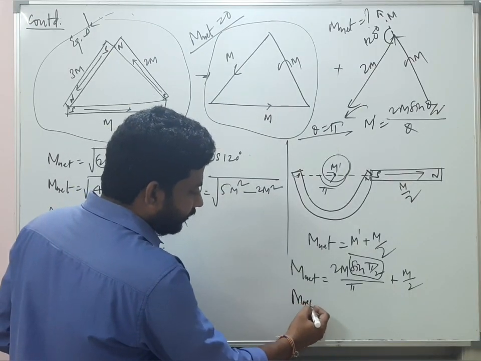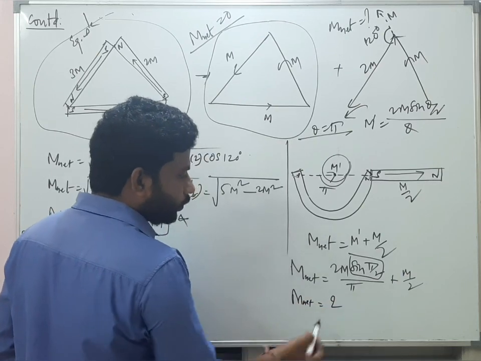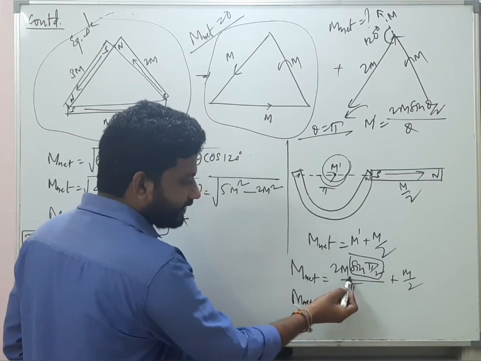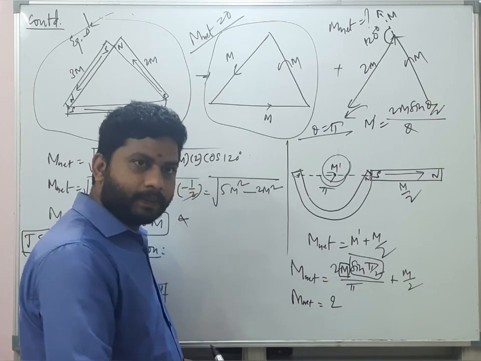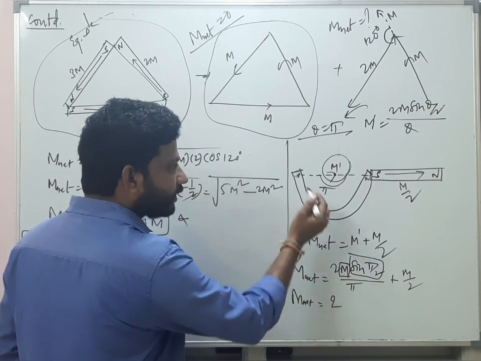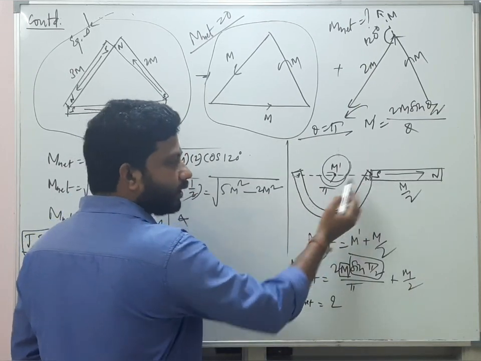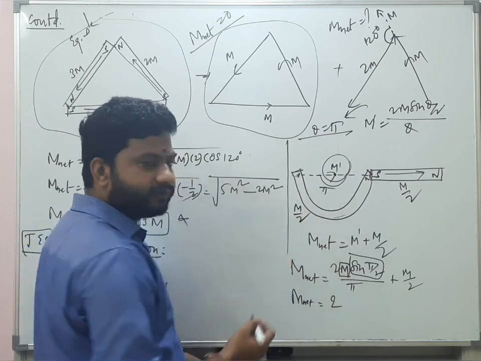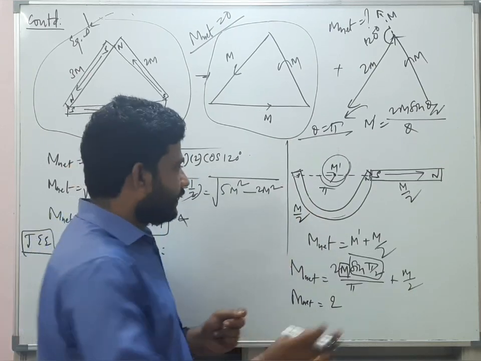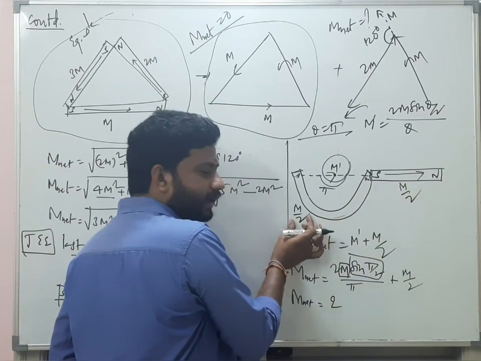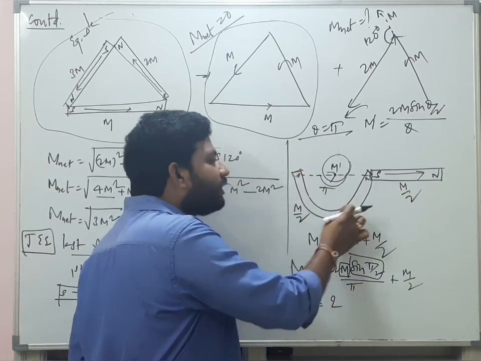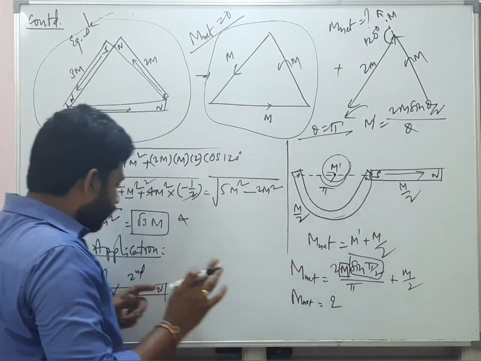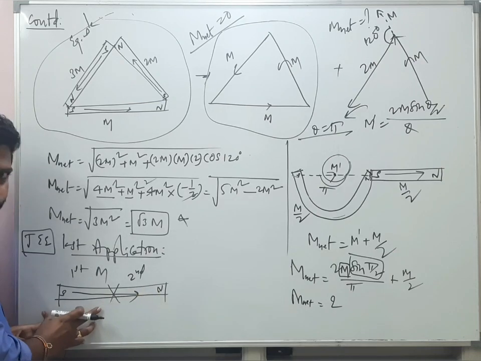So the net magnetic moment will be 2 into, this is anyway 1, and it is M. What is this M here? M is the magnetic moment of this part. This part magnetic moment is also half. Understand? This part is half and this part is also half, because initially you made this into two parts.